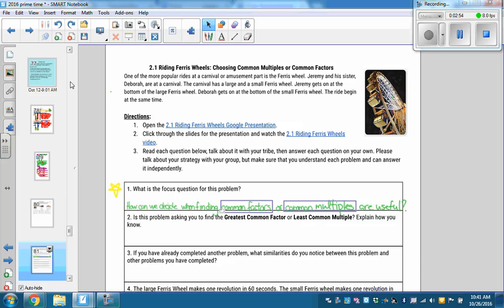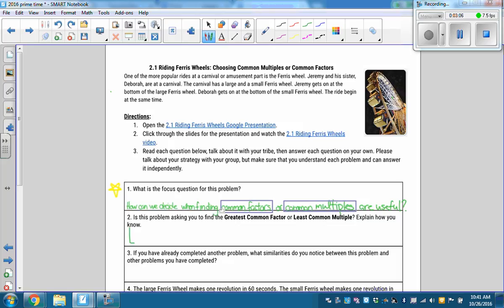So question 2 asked us if the Ferris wheel problem was asking us to find the greatest common factor or the least common multiple. And so you should have decided the least common multiple.